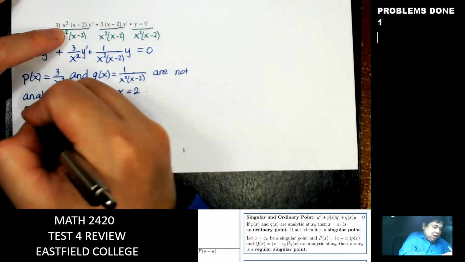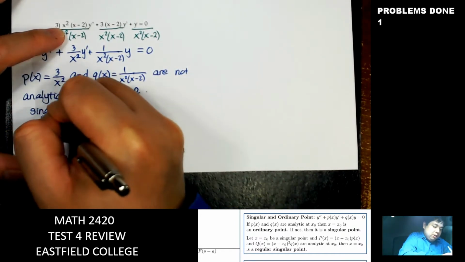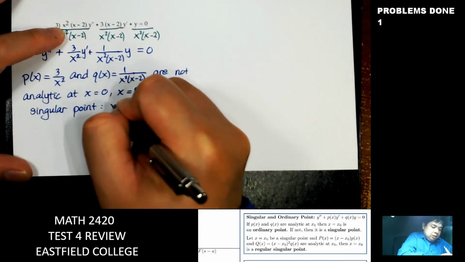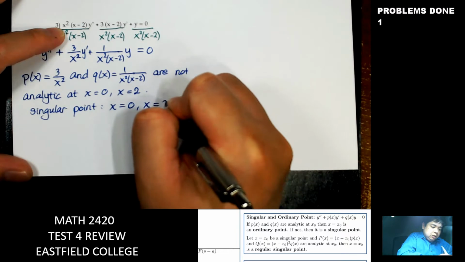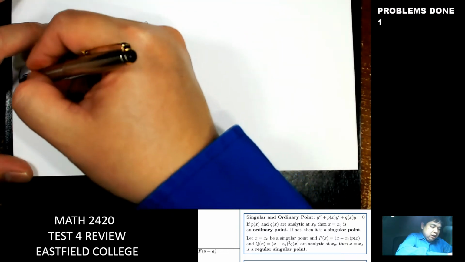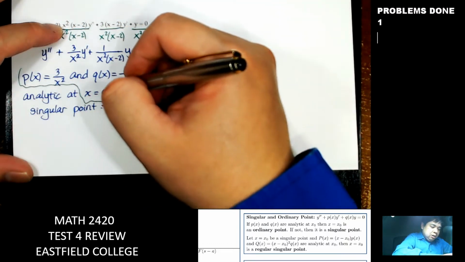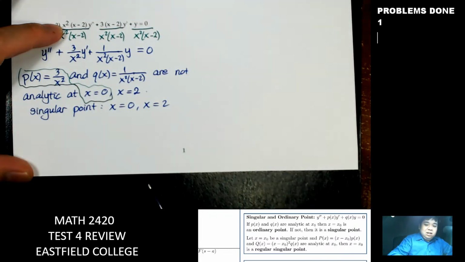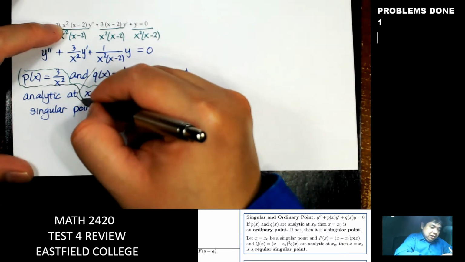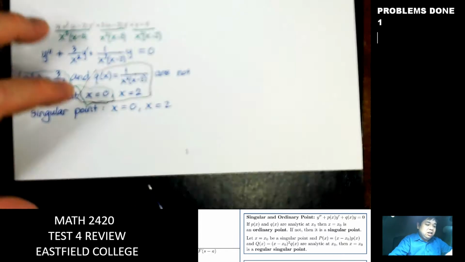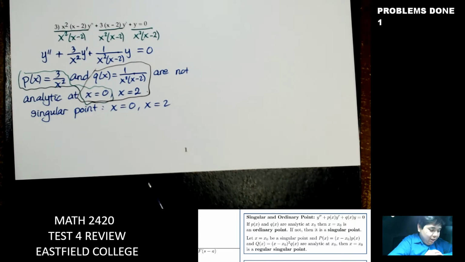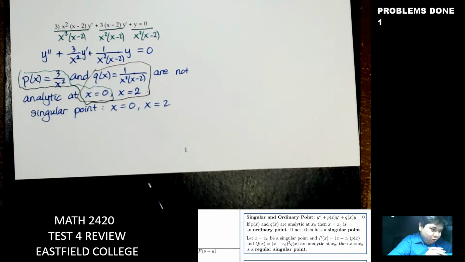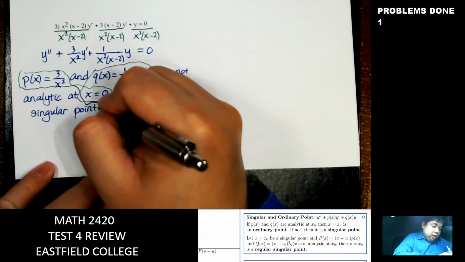But the point here is we just find the singular points. So once again, I should say those are not analytic, right? Because 2 in here is perfectly fine. Sorry for the confusion. Anyway, the singular points are correct.